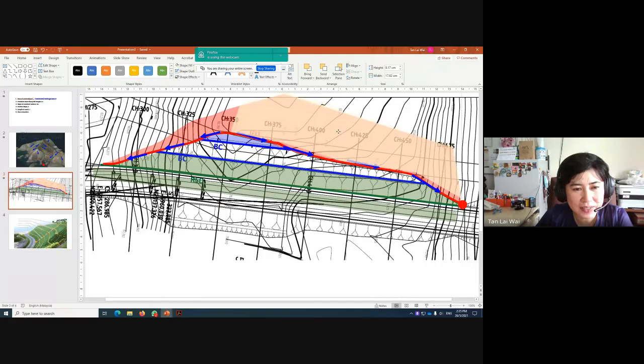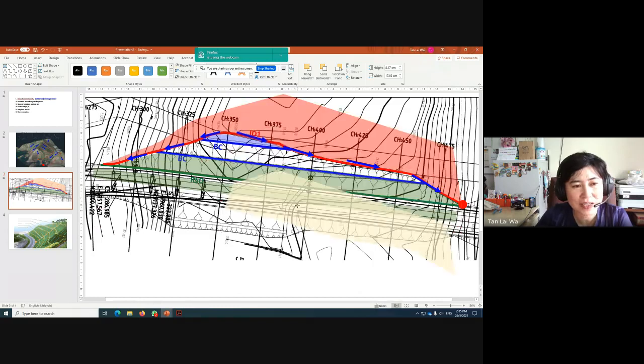Now, are you clear that when you want to design an interceptor drain, you should consider the direction of flow first, then determine the catchment area? If you don't consider it, you'll take the whole catchment area.